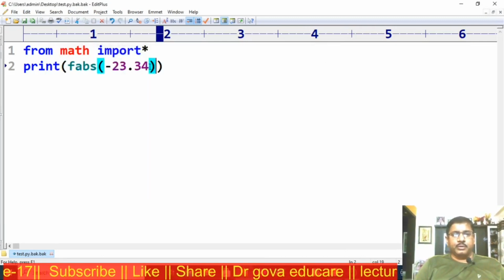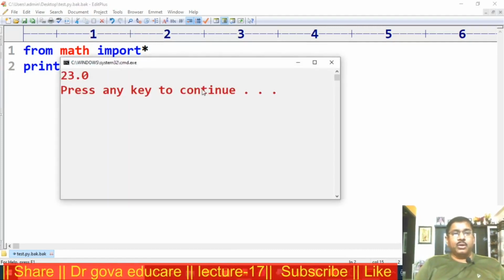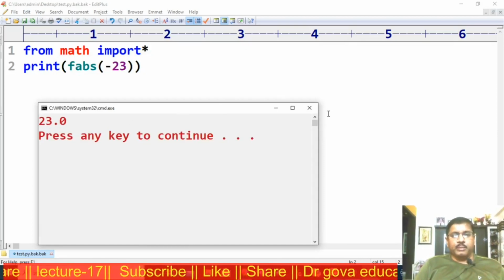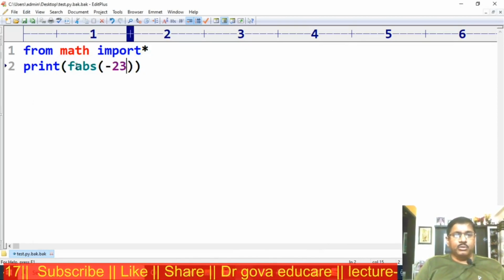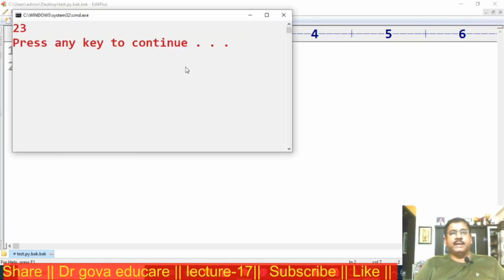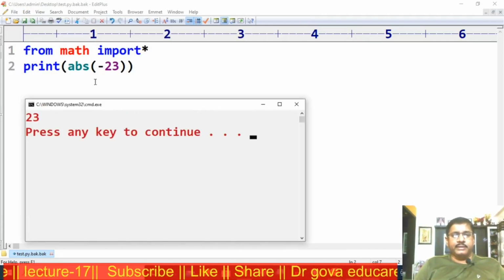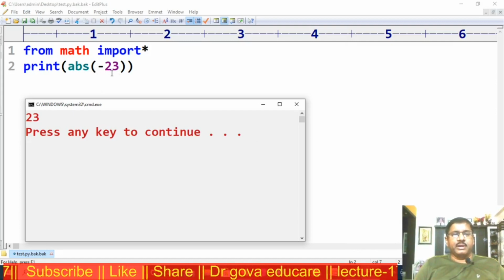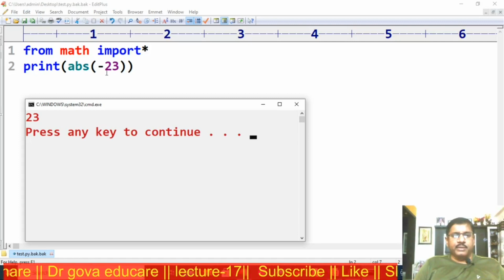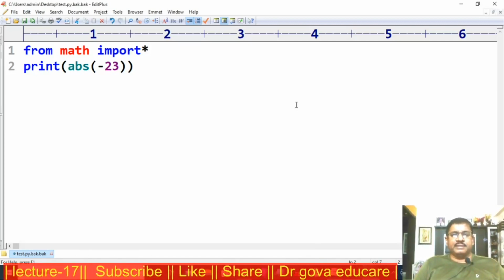Suppose I use minus 23, we get 23.0. The output is in floating point form. Suppose I use only abs, the result is 23, in integer form. I want to get integer form, so we use the abs function. Suppose I want to get minus 23 in floating point form, I use fabs of minus 23.